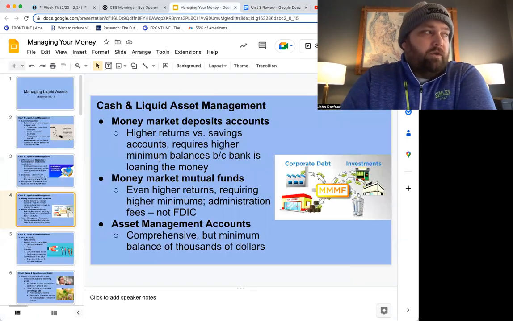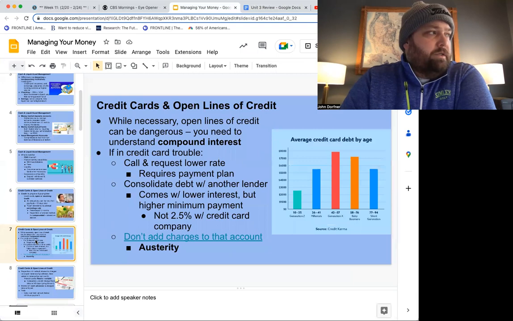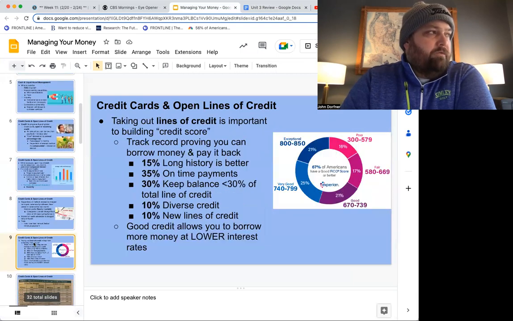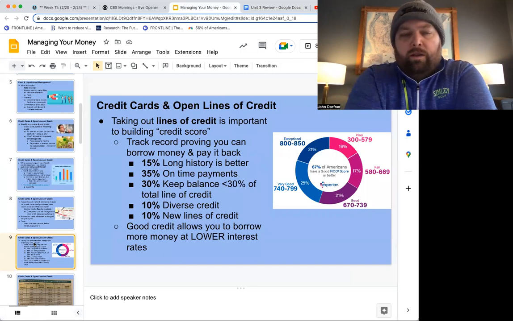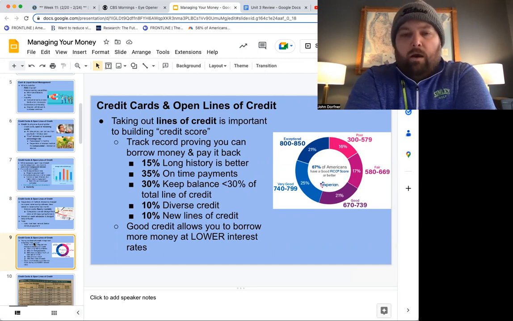Or you could have talked about, I've seen this before too, the different categories of credit scores, right? You have an exceptional score, very good score, fair score, poor score, and how those scores are compiled by the history of your credit, the percentage of on-time payments, the usage of your credit card allotments, right?